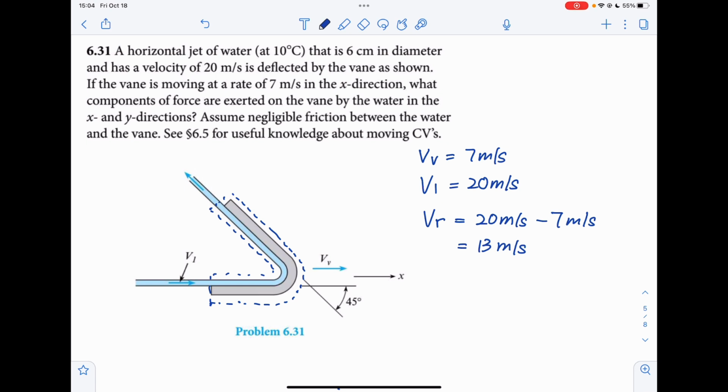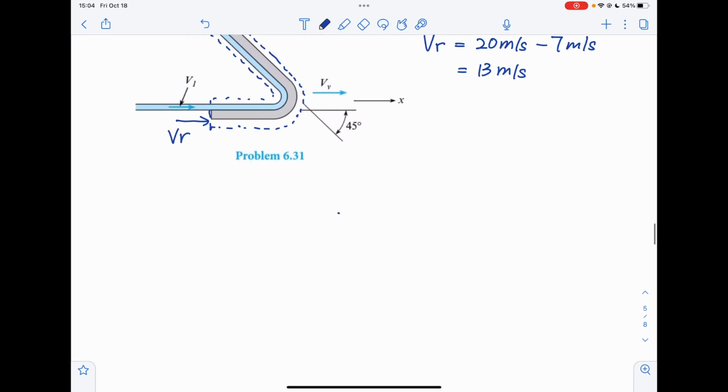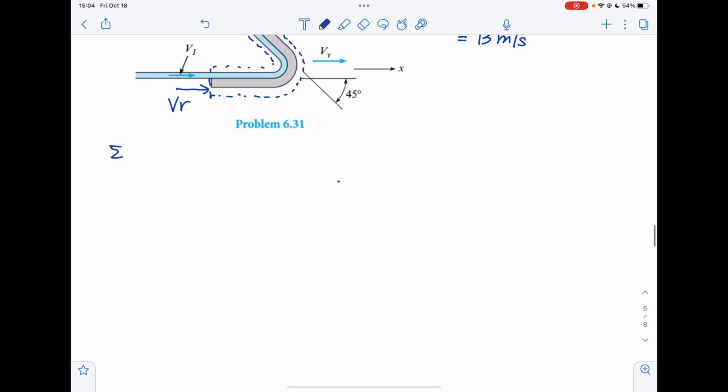We also have VR coming out at 45 degrees, and let's write down the momentum equation in the x direction.